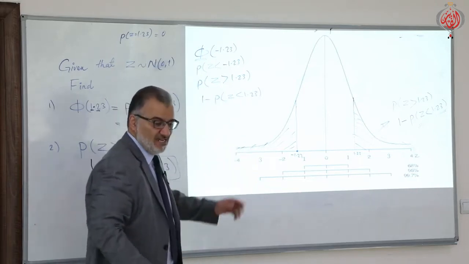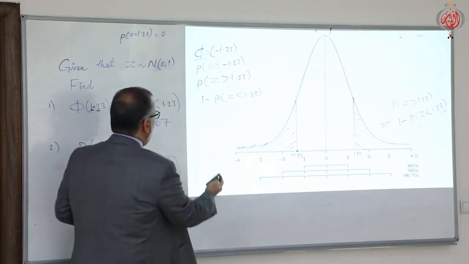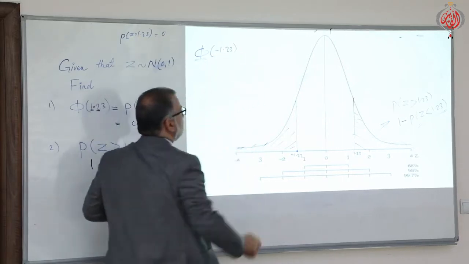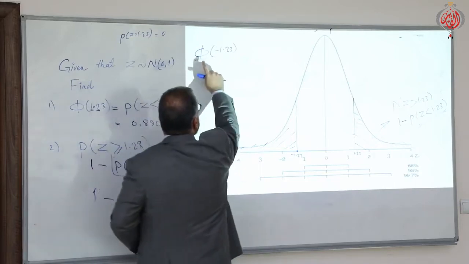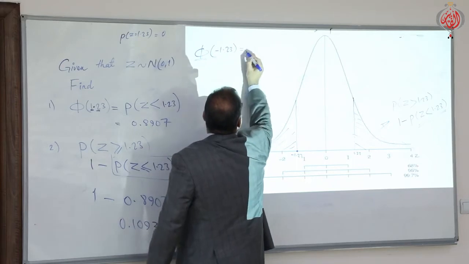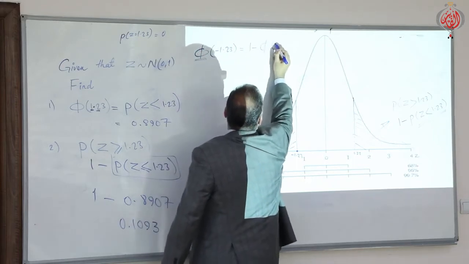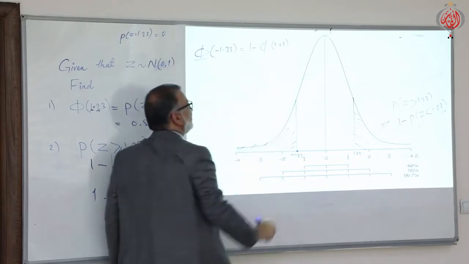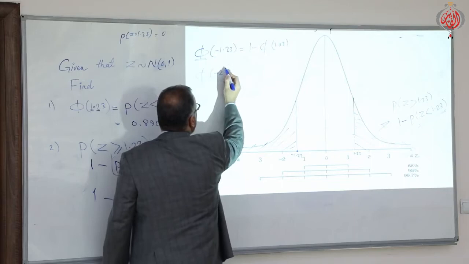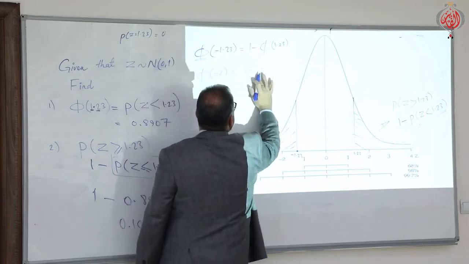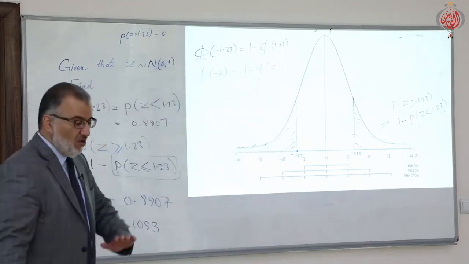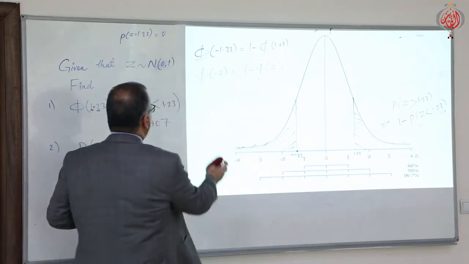Directly, listen to me. If you have in the question, always, if I ask you to find phi of minus 1.23, say directly, this one is 1 minus phi of 1.23. Always. This is the relation. If you have phi of negative Z, you will say this is 1 minus phi of Z. Okay, always, this is the rule for you.